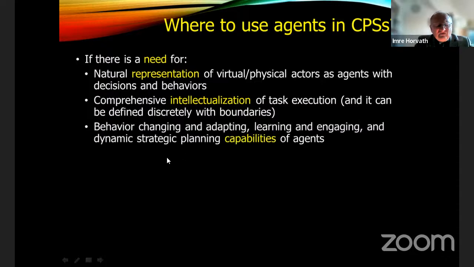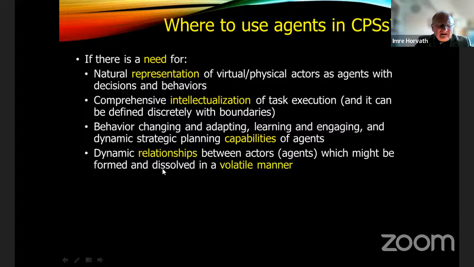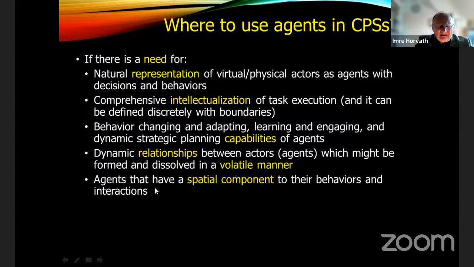If there is a need for behavior changing and adapting, learning and engaging, and dynamic strategic planning capabilities of the agent. If there is a need for handling dynamic relationships between actors, which are the agents in this case, and which might be formed and dissolved in a volatile manner.